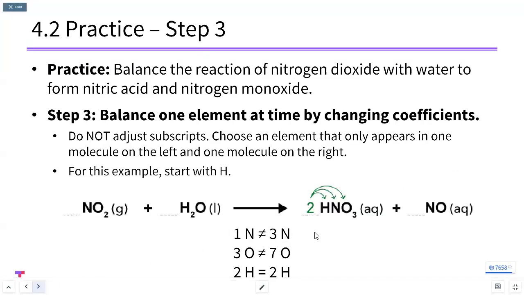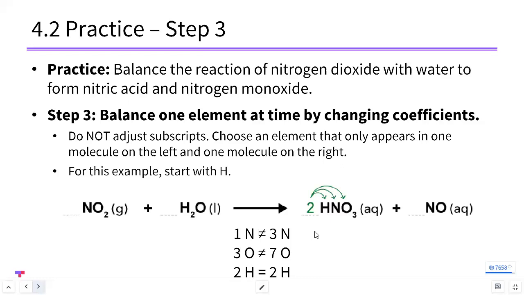And so to balance out the hydrogen, I'm going to need 2 of the nitric acid molecules. In getting 2 of those nitric acid molecules, I'm going to double the hydrogen, double the nitrogen, and double the oxygen in that compound. And so it not only changes my hydrogen number, it actually changes all 3 numbers in this particular case.